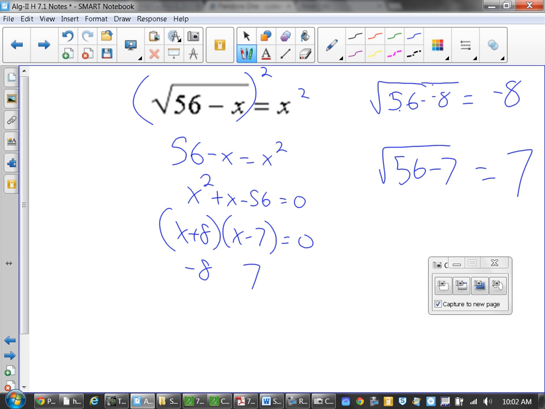Oh, it can't be -8 because it's a negative. We're looking for these because you're not going to take a square root to give you the negative answer. When you put that in, you're never going to get a negative answer. That one doesn't work.